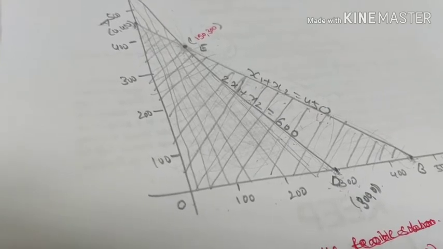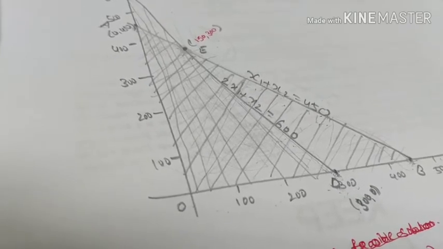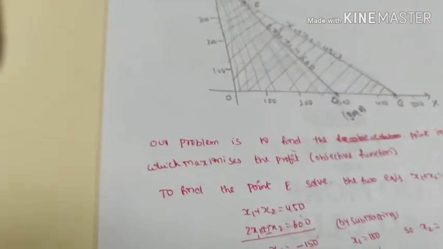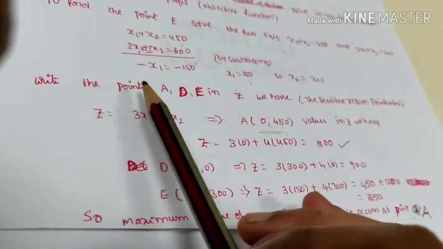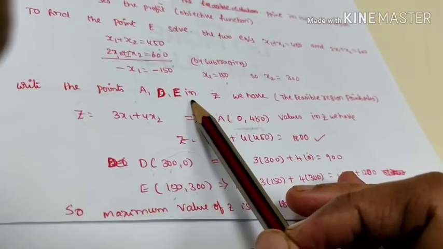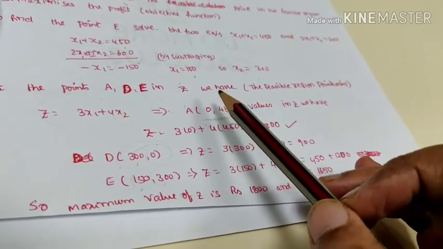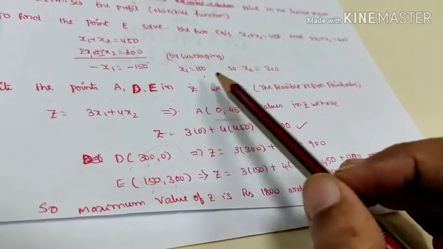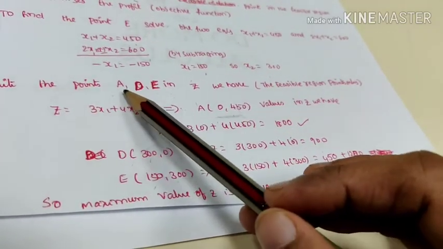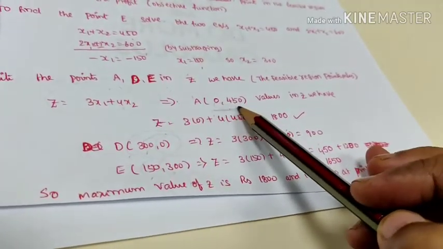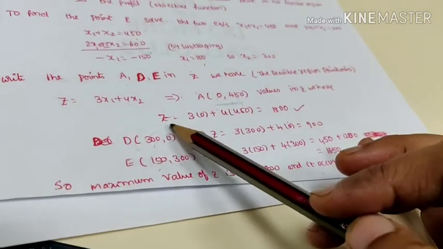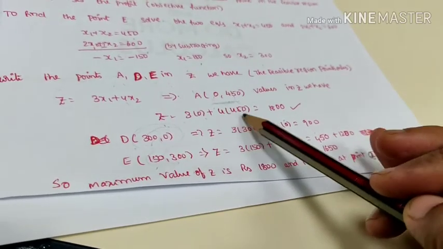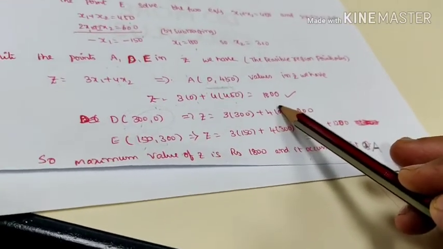So with the feasible region points A, D, E, substitute them in the objective function. Take first point A, that is 0, 450. So x is 0 and y is 450. Write in the objective function 3 into 0 plus 4 into 450. So the value is 1800.